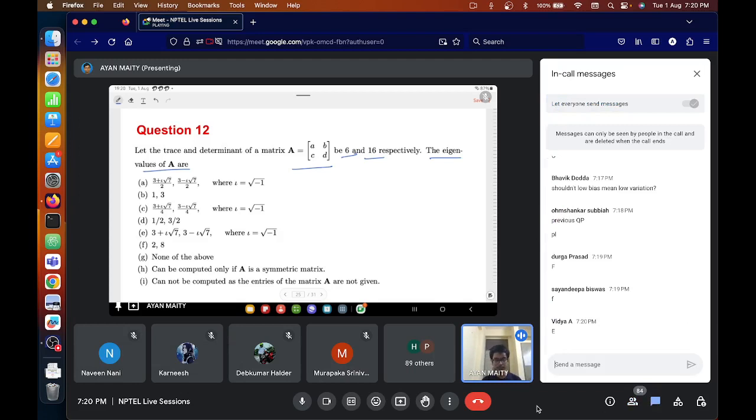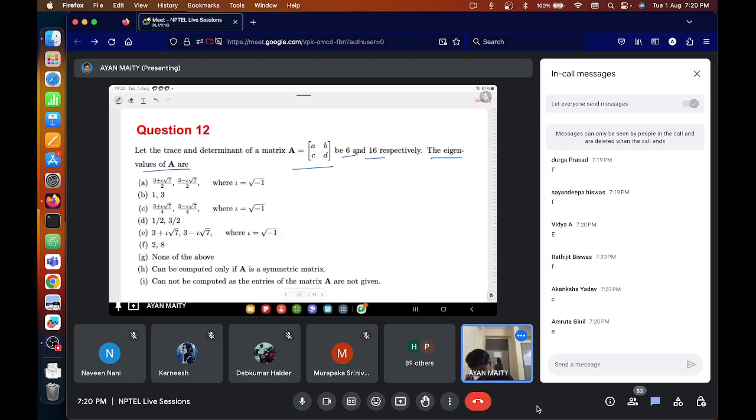Vidya is saying option E. Rohit is saying option F. Amruta is saying option E. So some of you are saying E, some of you are saying F.